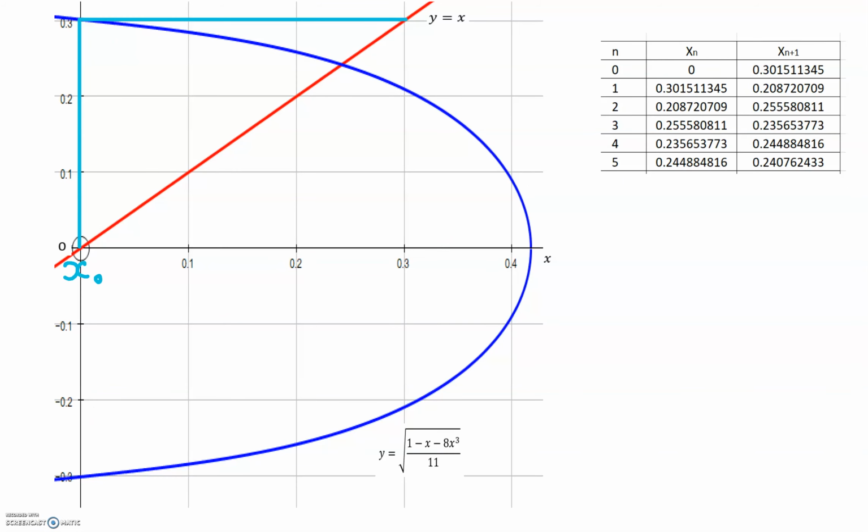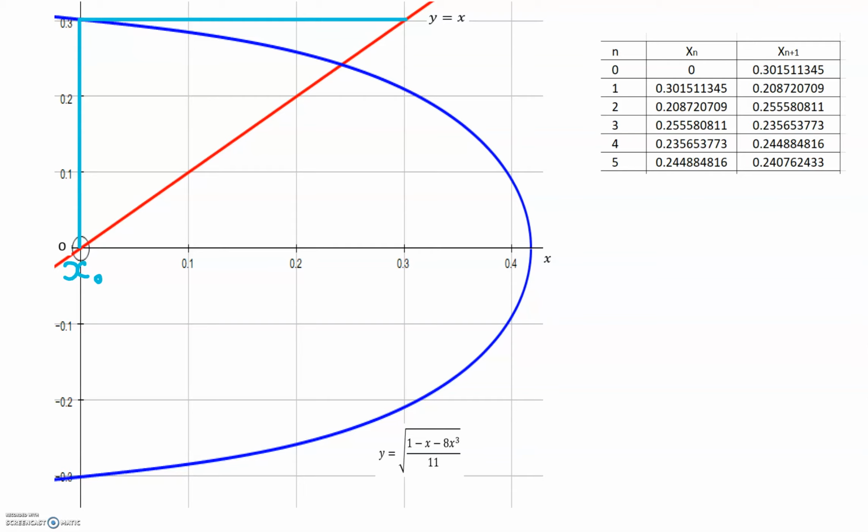Now, because that graph was a bit small, I've focused in a little bit more on this root. This is the same graph as before, but we've zoomed in on that particular section. And you can see exactly the same thing has been done. We've started off with an x0 value of 0. We've drawn a line up to meet our blue curve, and then we've moved across horizontally to y equals x.